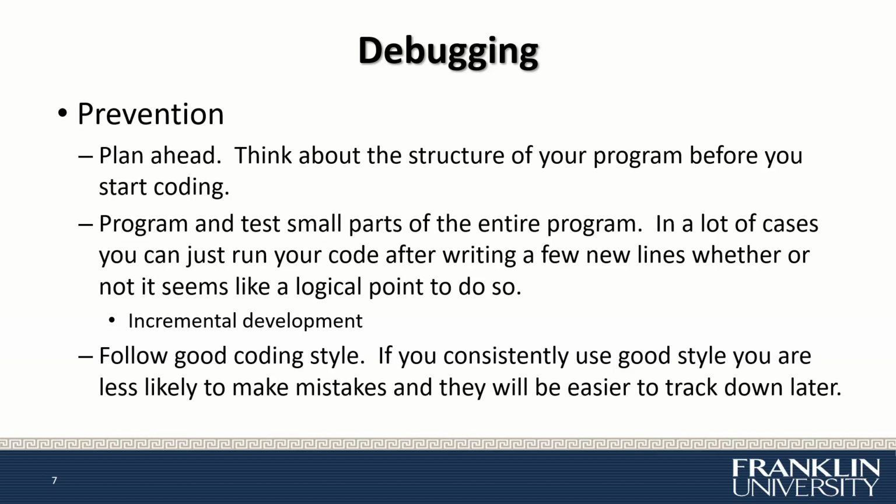You write your program and test a small part of the entire program. In a lot of cases, you can just run your code after writing a few lines of code, where it may not seem logical at that point. This is incremental development. Again, I talk about IPO. You could do the input statement first. Just prompt the user for input, just to make sure there's no syntax error.